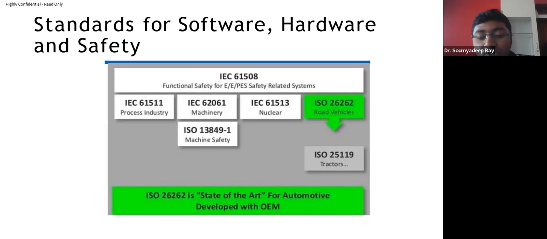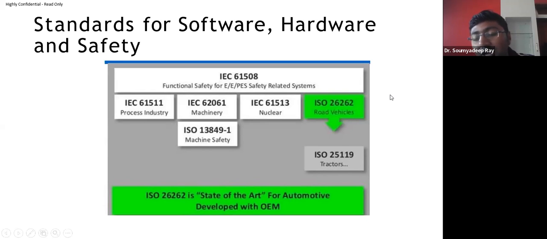ISO 26262 is designed for vehicles, but it is a subset of IEC 61508. So now you know the standard. You can go through the standard and see what things are relatable to your work, because it is functional safety for your electrical components only.